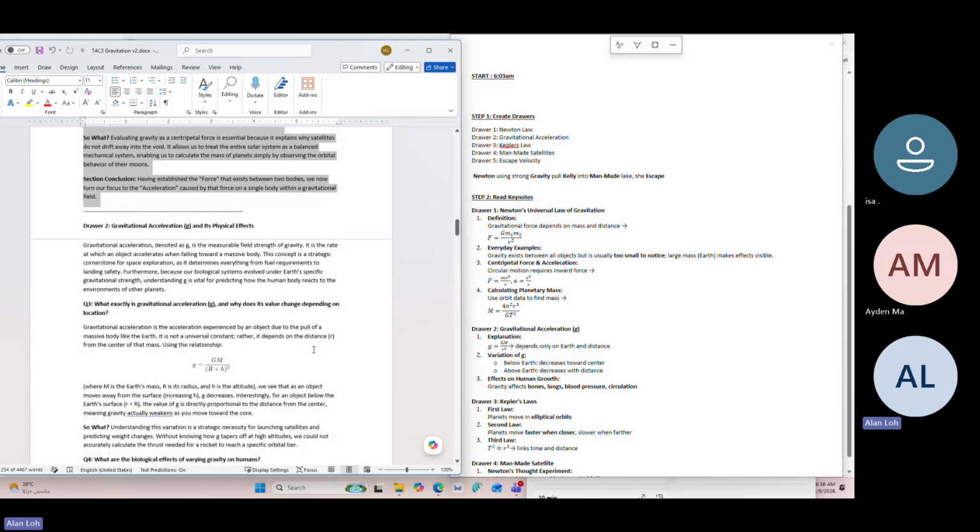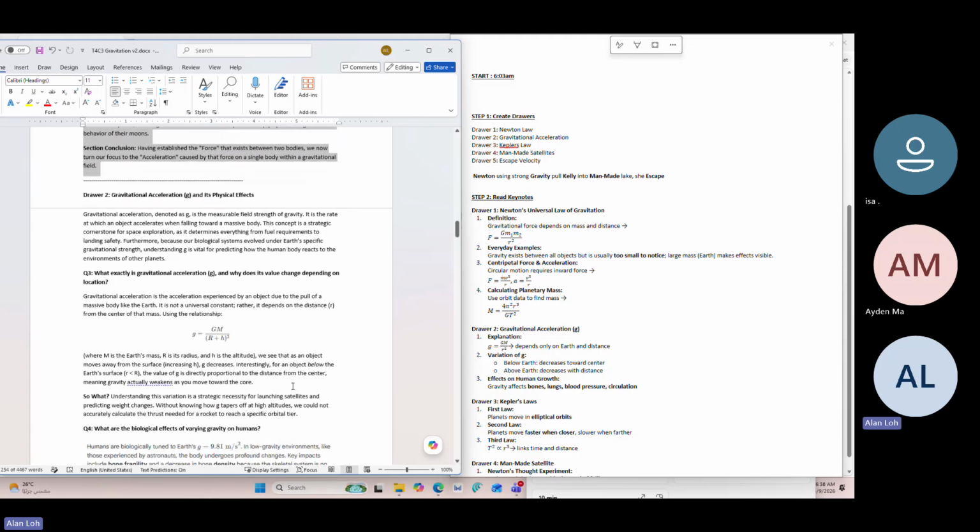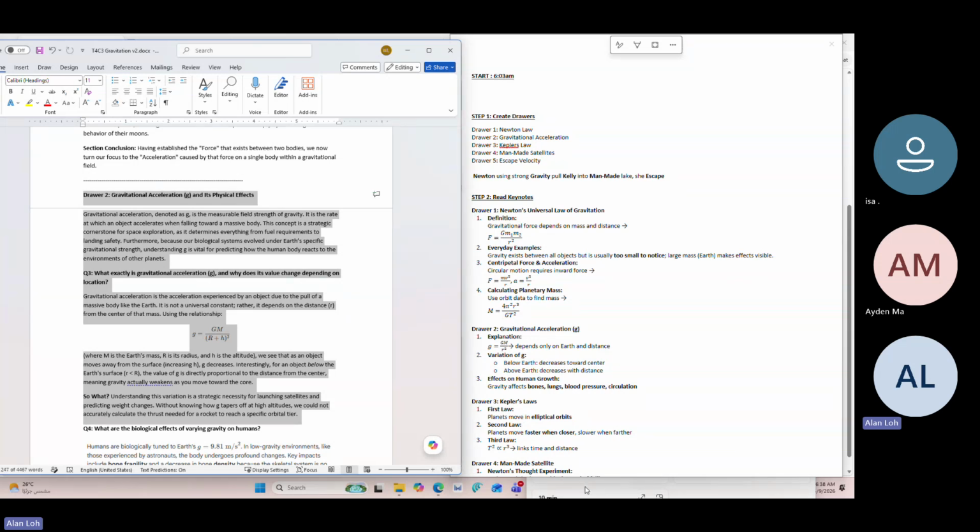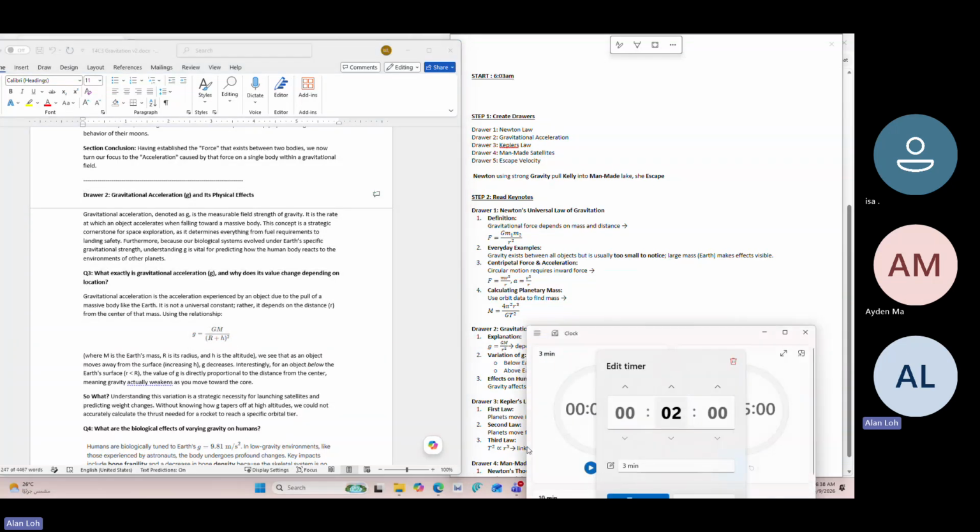So let's do the same drill, but now for drawer 2. For drawer 2, I'll give you 2 minutes because it includes this small part here to introduce what drawer 2 is. Right, 2 minutes starting now.